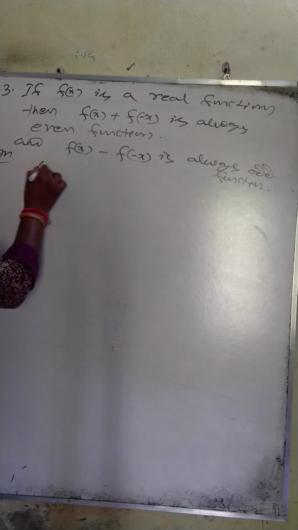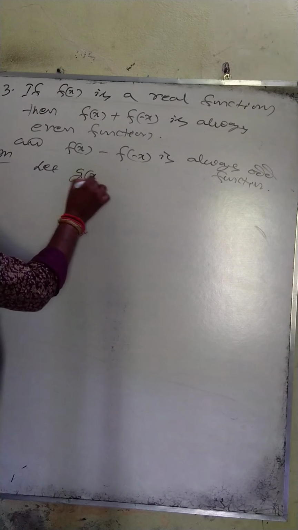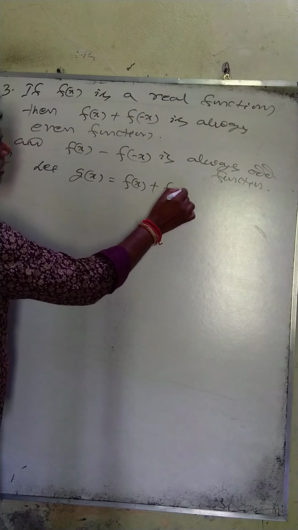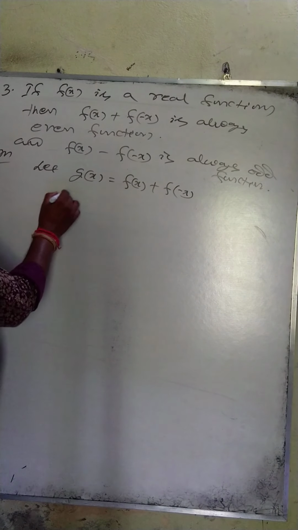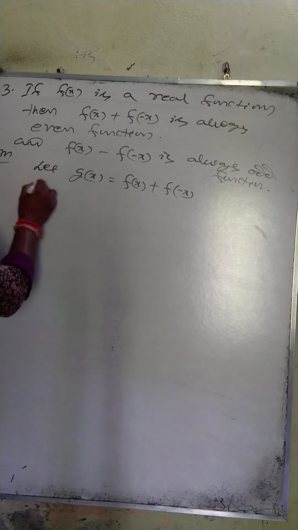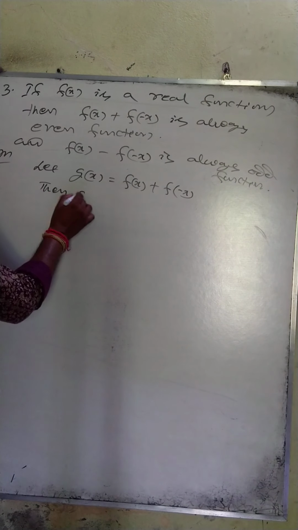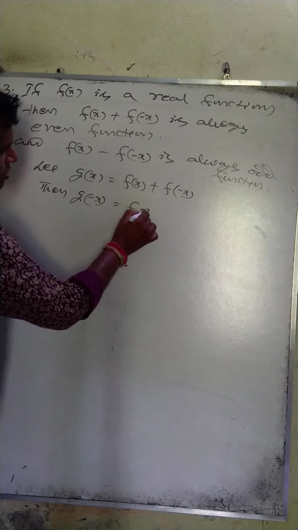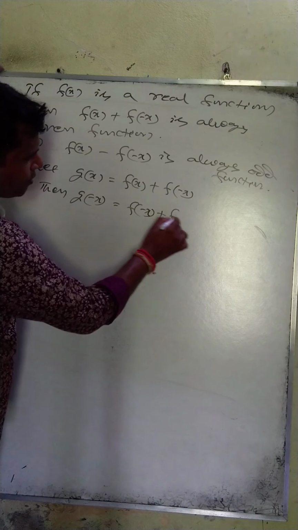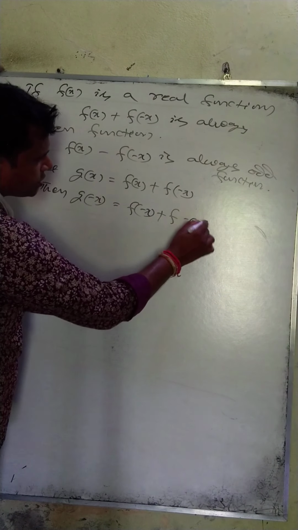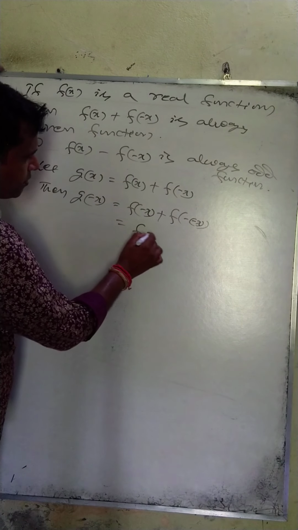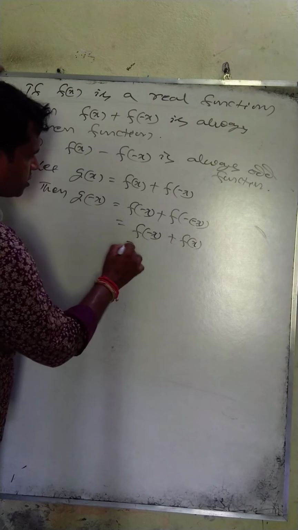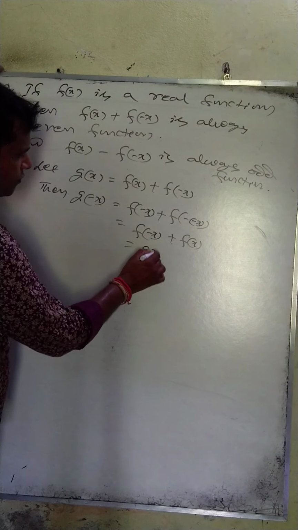Prove. Let g of x is equal to f of x plus f of minus x. Then g of minus x is f of minus x plus f of x, that equal to g of x.